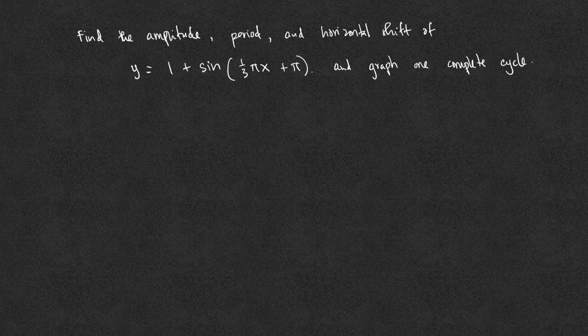To factor out 1/3 pi, we would write y equals 1 plus sine, and then use an extra set of parentheses. Take out 1/3 pi only, open the parentheses. If it was 1/3 pi x and we factor out 1/3 pi, then we end up with x inside the parentheses.